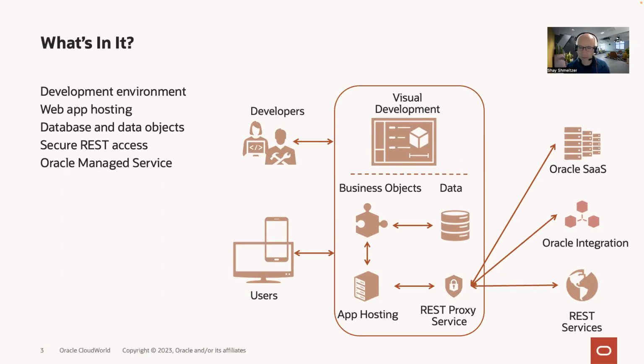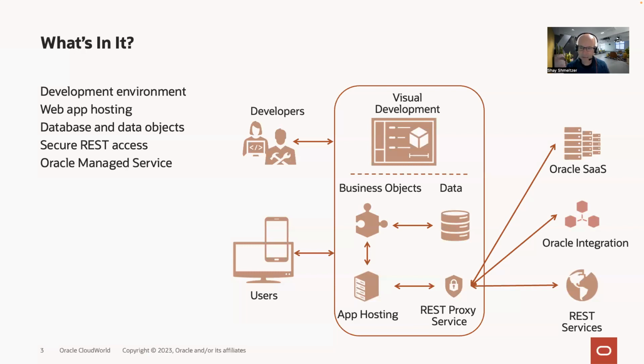The REST proxy resolves things like how you do authentication with various protocols to those REST endpoints, and also how you manage cross-origin interactions by going through the server instead of from your browser. And all of this is coming as a little box that you spin up, and this is a managed service from Oracle, which means we take care of all the aspects of keeping the software up to date, keeping it running, doing backups, doing upgrades to the infrastructure, and doing upgrades to the software parts.